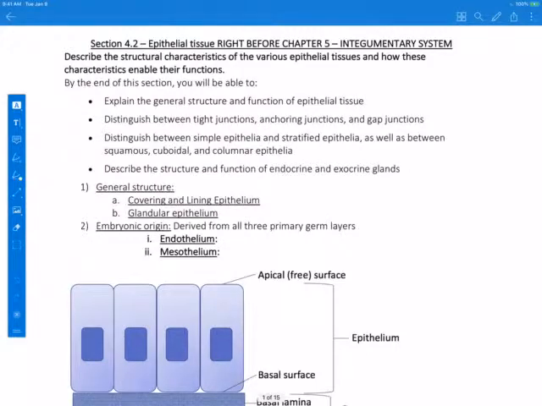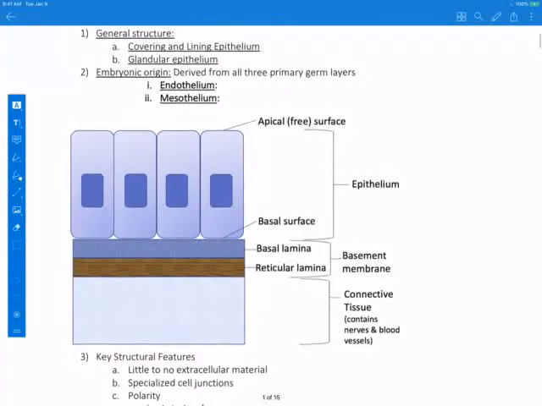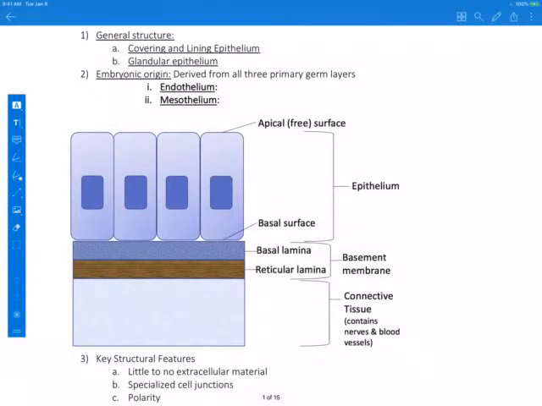Okay, so I want to talk a little bit about the typical structure of epithelium. Basically, we're looking at an example that pretty much looks like simple columnar epithelium.